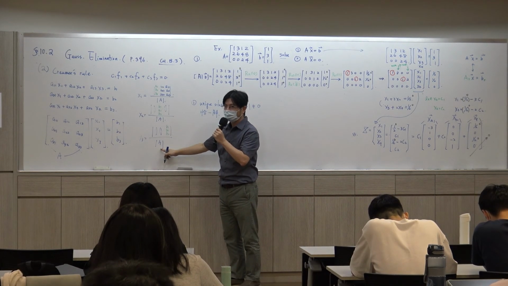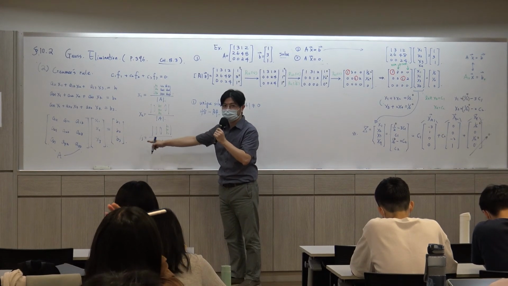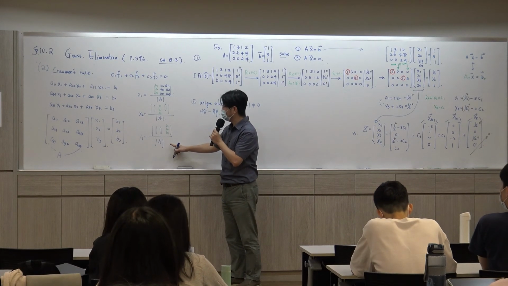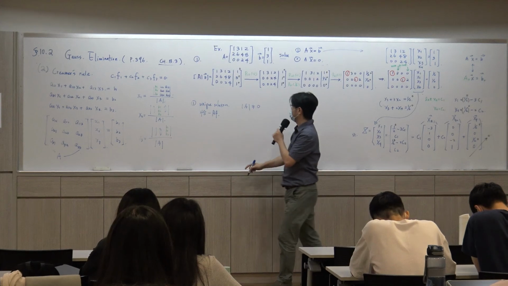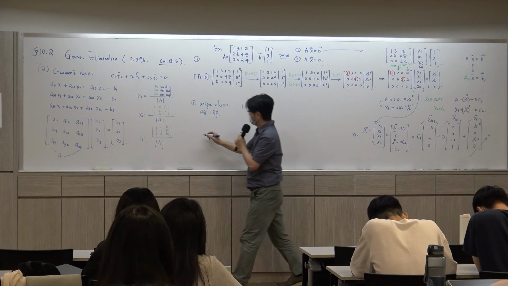So the denominator, the determinant of the coefficient matrix, is not equal to 0. It means x1, x2, x3 would be the unique solution, right?